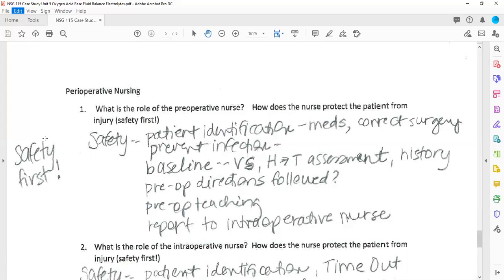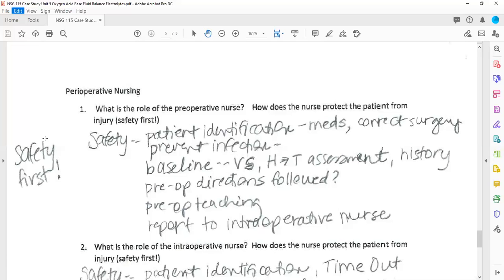We also want to prevent infection, and that means that we're going to wash our hands and we're going to make sure we're not contaminating if we're starting an IV, or if we are interacting with the patient. So using good, whether it is clean technique or sterile technique.